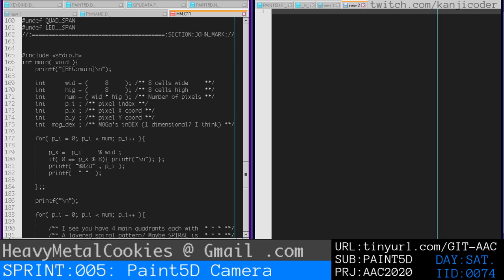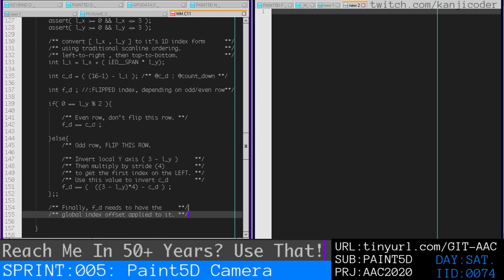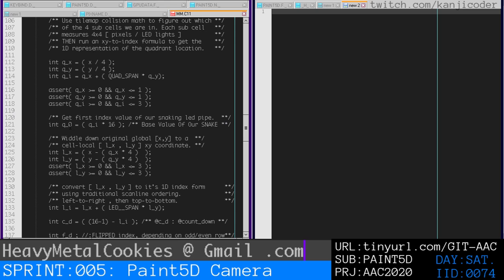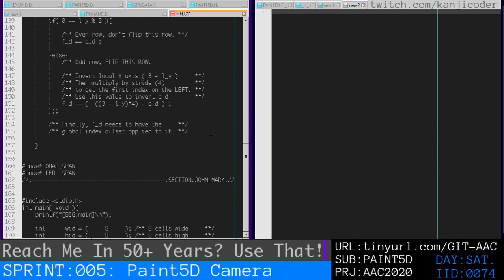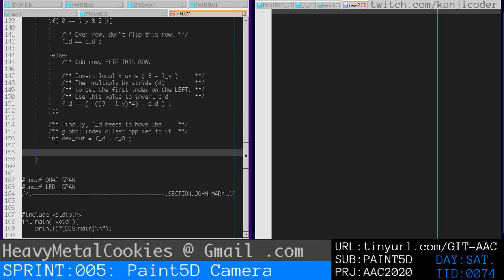So if we look here, we can see we have a Q0 somewhere in here. Yeah, this Q0 here. So FD plus Q0. And then return the output index.